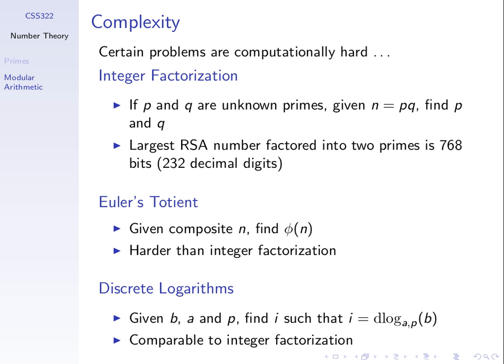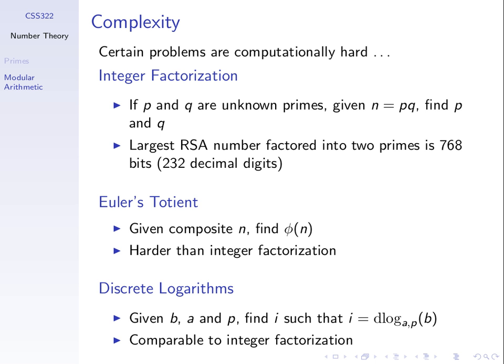So if I choose a prime p, a large number, maybe 1,000 bits, and another prime q, which is equally as long, I multiply them together and get n. Then I give you n, you will not be able to find p and q. There is a p and q that satisfies the equation, but it would take too long to find. We will see that this principle is used in the next cipher, RSA.